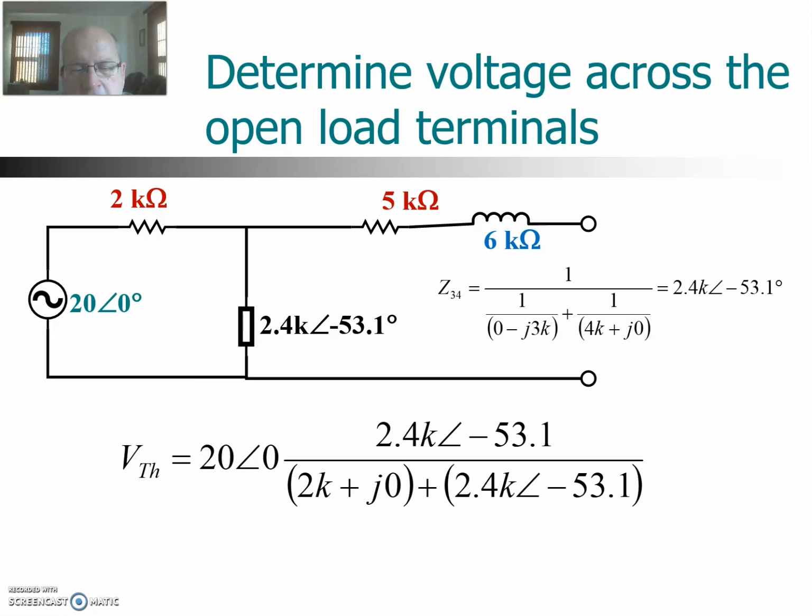And I know we're mixing polar and rectangular formats here, but with a calculator that is not a problem. You should be able to calculate that quite easily and find the Thevenin equivalent voltage of 12.2 volts at an angle of minus 24 degrees. That becomes our Thevenin equivalent.